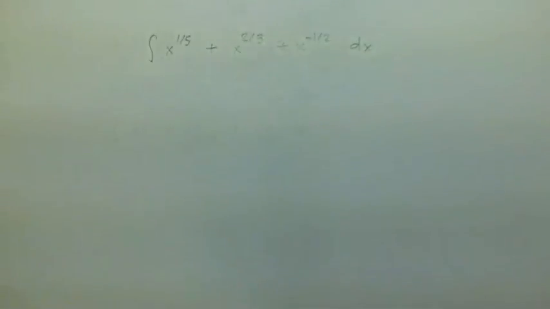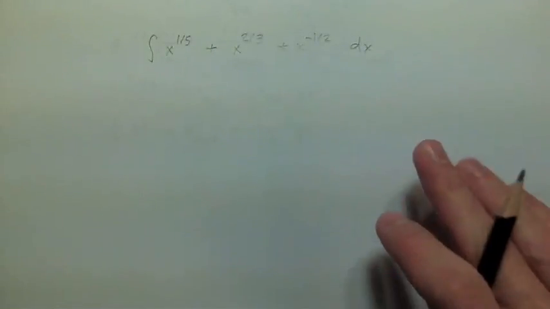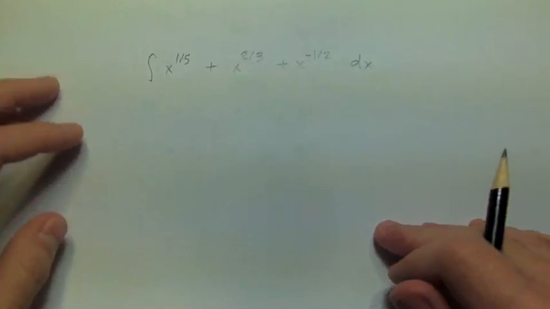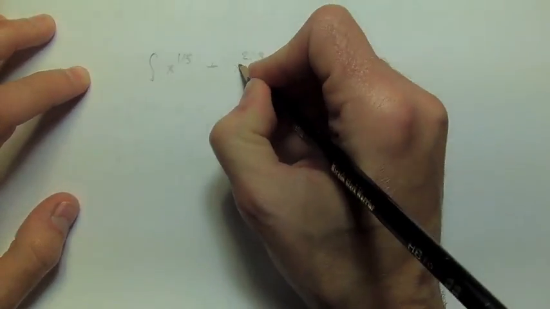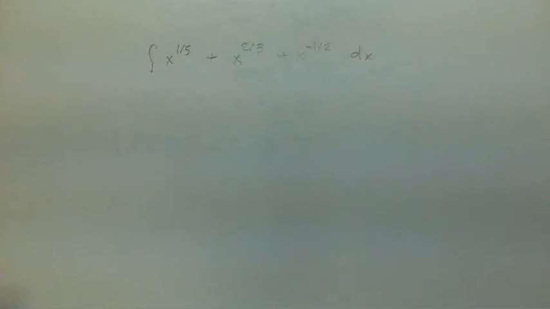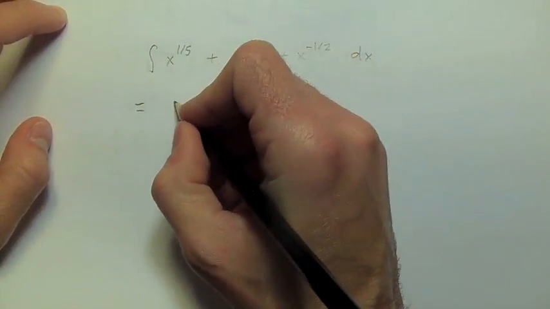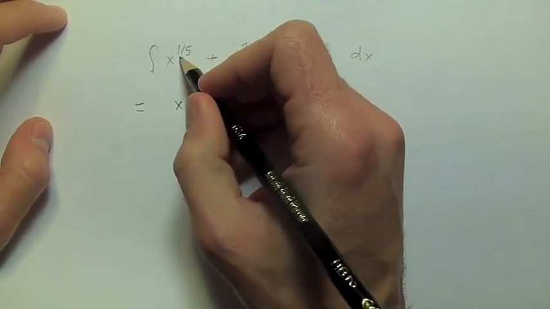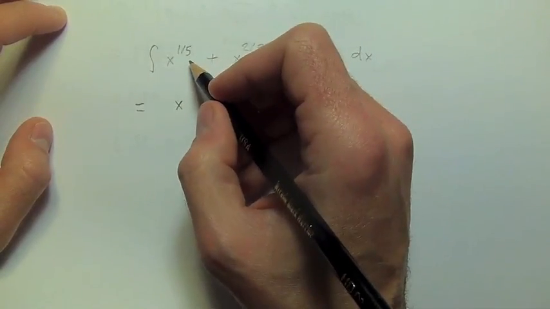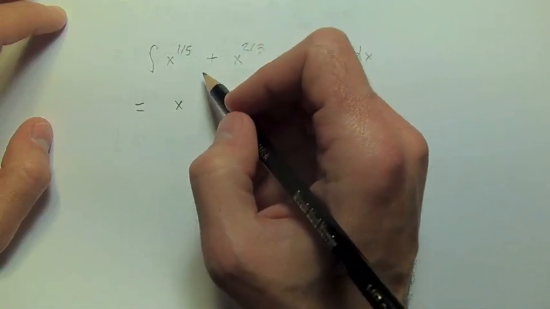Here we have the integral of x to the 1/5 plus x to the 2/3 plus x to the negative 1/2. So essentially, what this is going to be is x to the 1/5 plus 1.